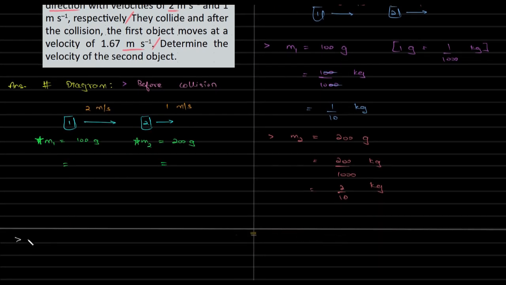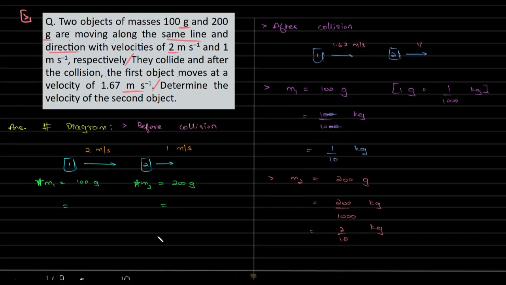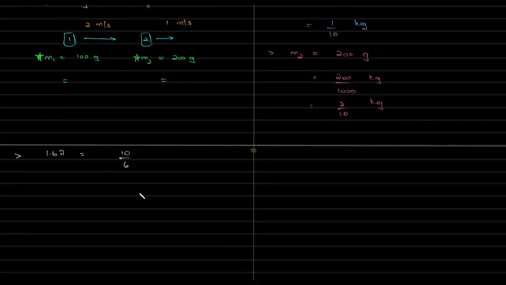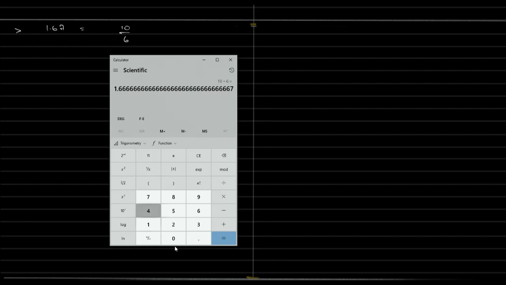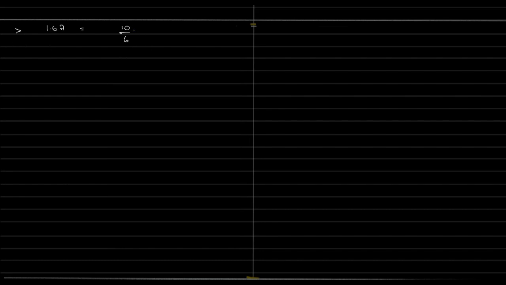There's one more thing that I would like to tell. 1.67 is a special value. It is nothing but 10 by 6. So we need to make use of this fact that this value is 10 by 6 meter per second. This will make the calculation a lot easier. 10 divided by 6 is equal to 1.67 approximately, and we can approximate this, not an issue.